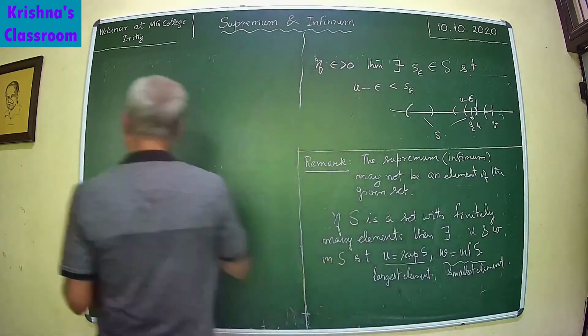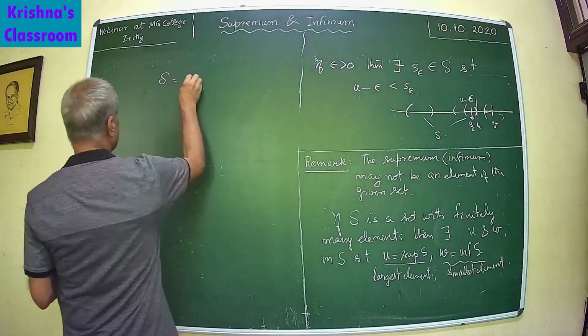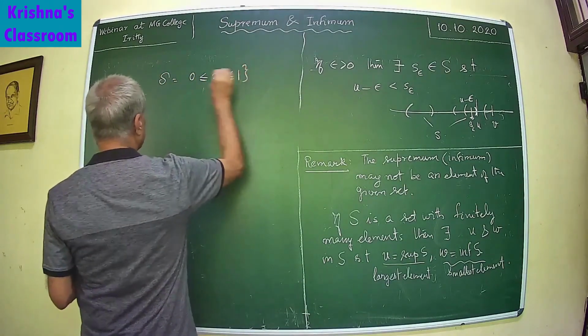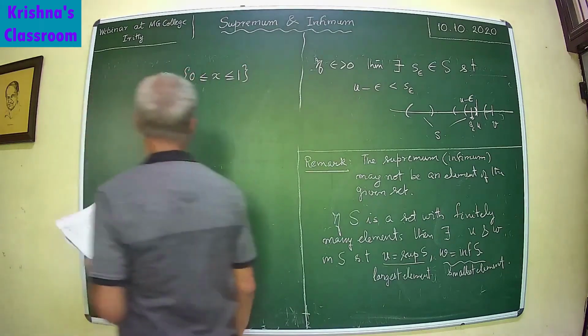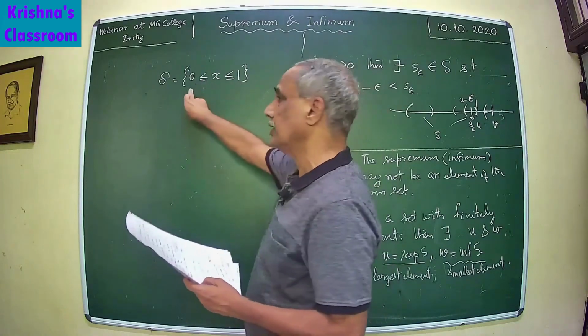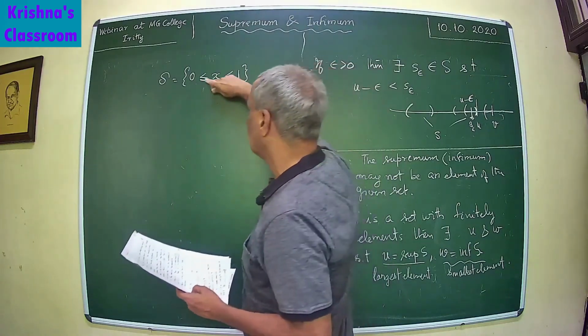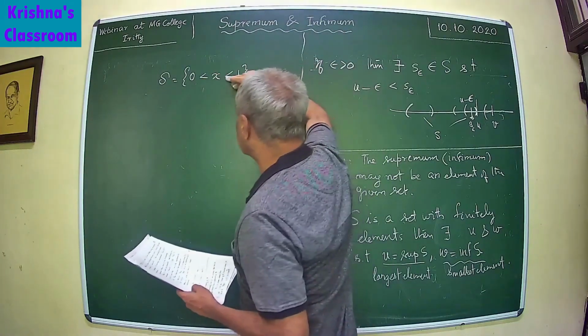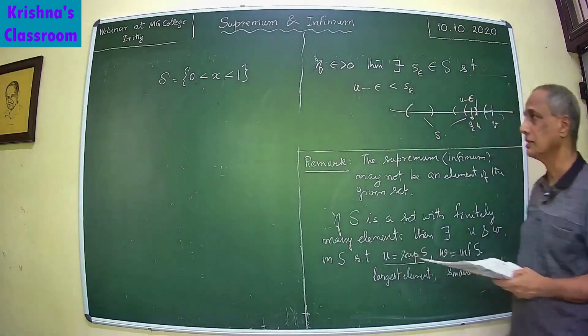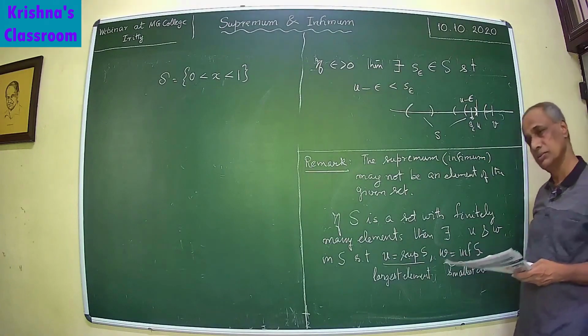Now you know that if you take S to be this, which is not empty, you see that the supremum is equal to 1, the infimum is equal to 0. Even if you remove this, the supremum is equal to 1, the infimum is equal to 0.